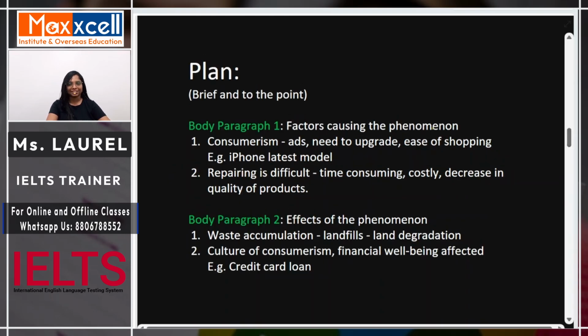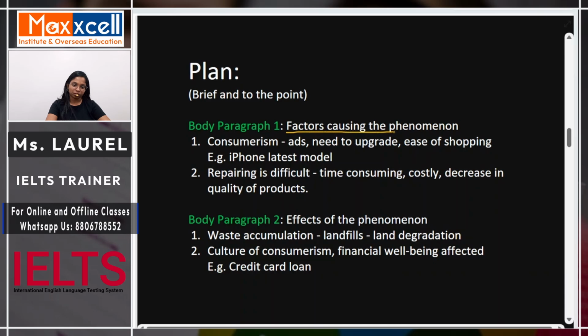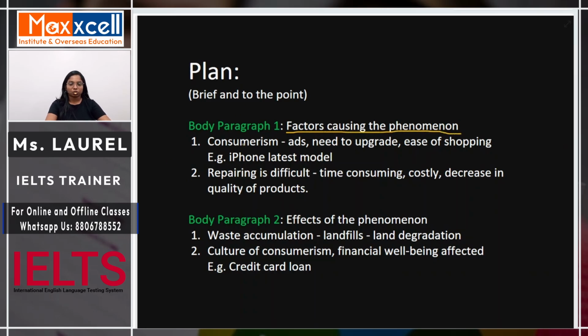Now let us plan this essay quickly. For body paragraph 1, what are we going to include in that? As we know, we need to keep the factors causing the phenomenon in this particular paragraph. So what are the causes you think that are causing this trend of buying new stuff?